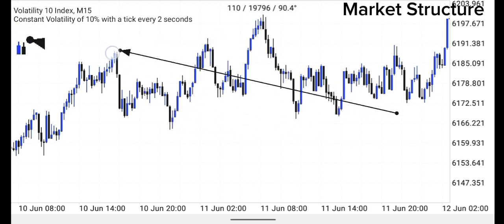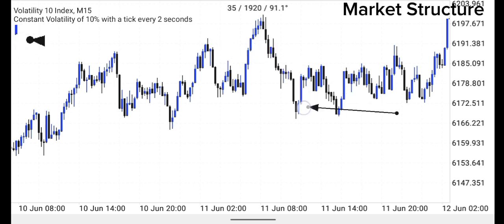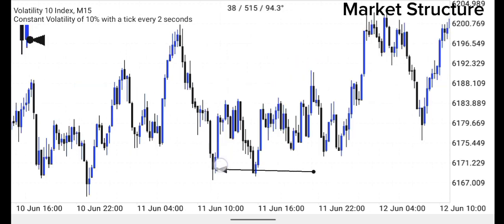Because this high is higher than this previous high. Then we have higher low and another higher high, indicating that it's looking like an uptrend, right? Then we are having lower low instead of higher low. Then you can see we have another high, you can't define it. So this is a ranging market.